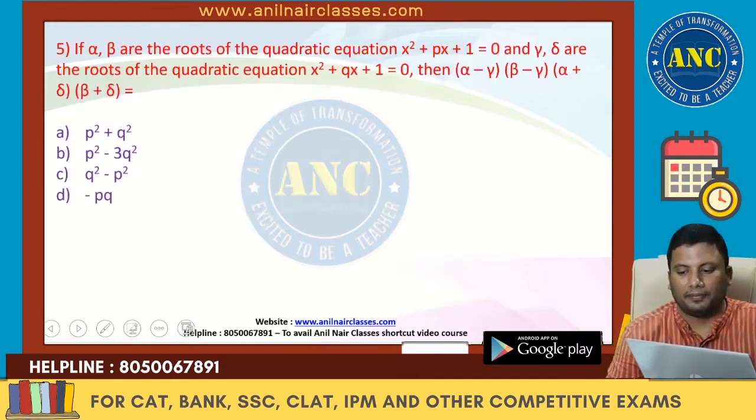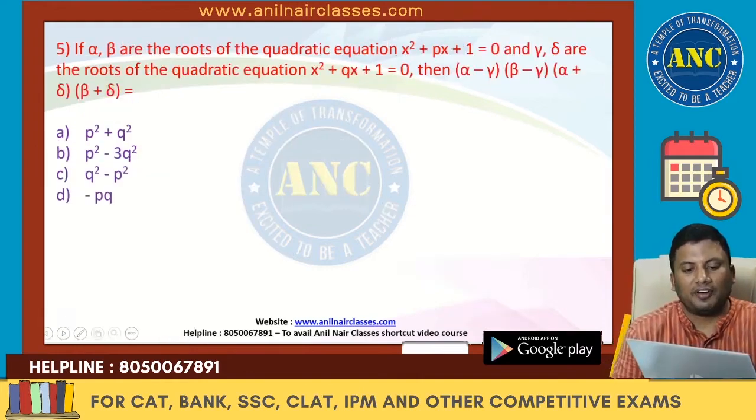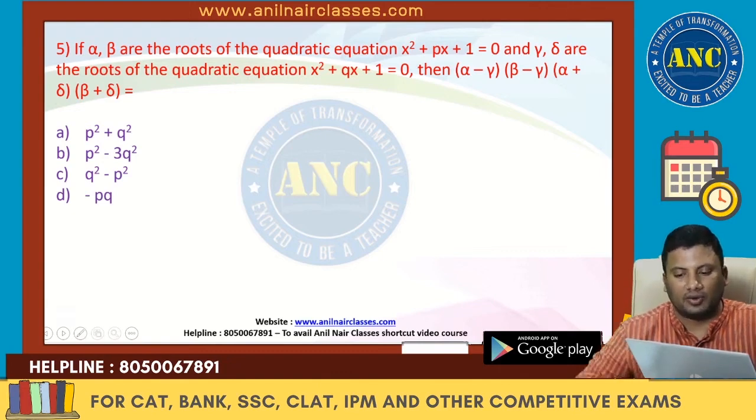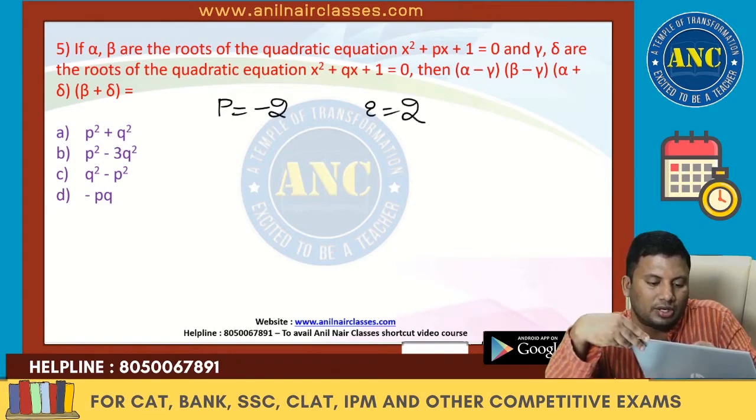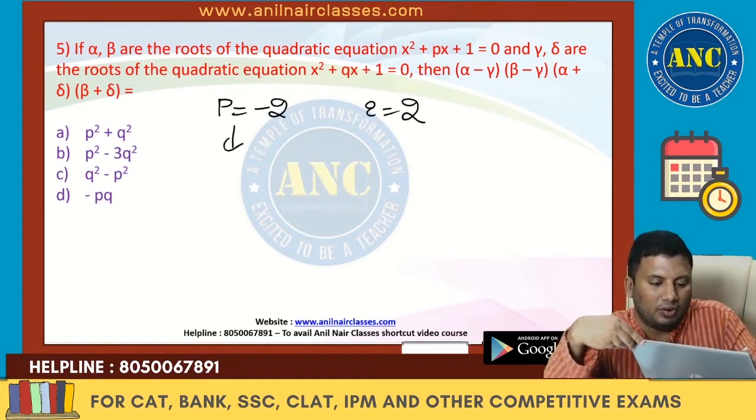Question number 5. If alpha, beta are the roots of the quadratic equation, gamma, delta are the roots of the quadratic equation, what we will do is we will take p as minus 2 and q as 2. I'll tell you why I am doing like this.